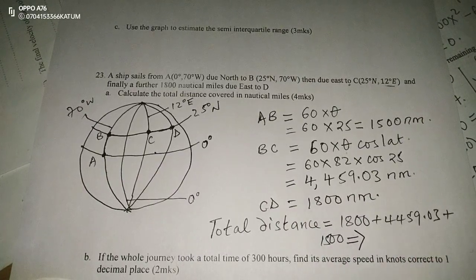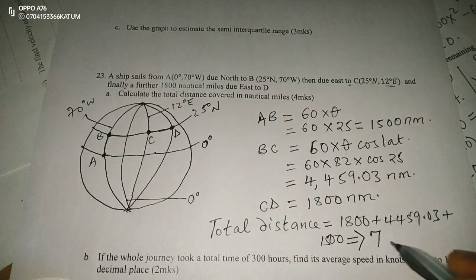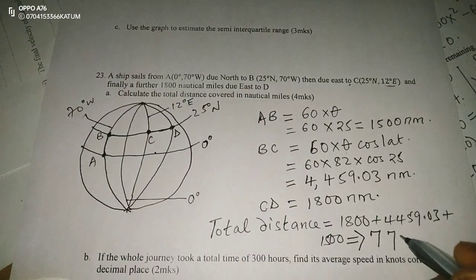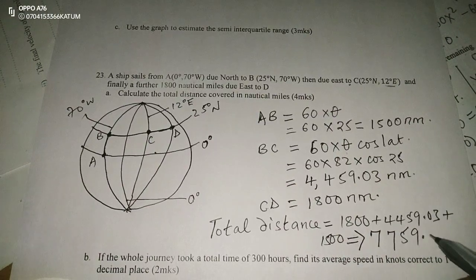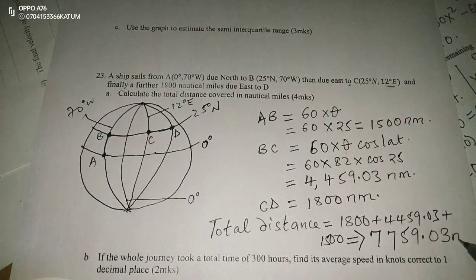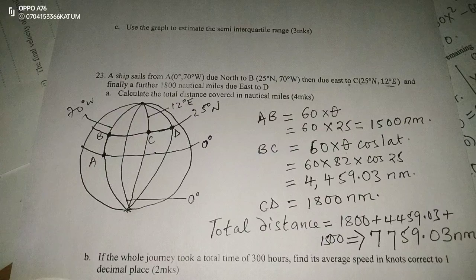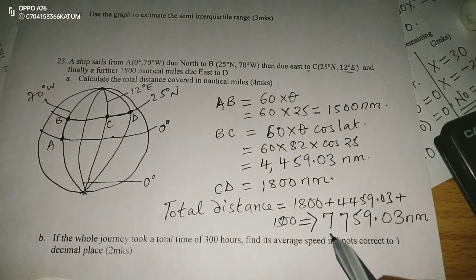Therefore, the total distance is going to be 7,759.03 nautical miles.